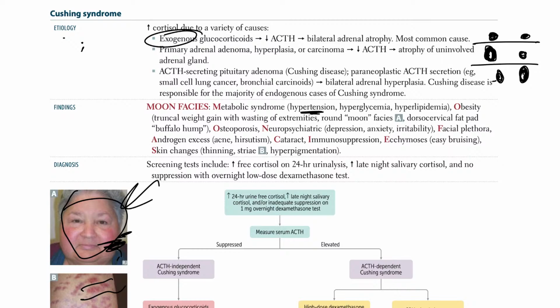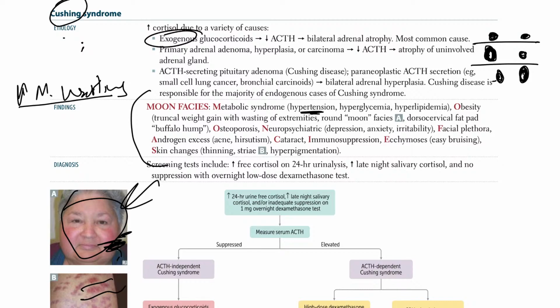Okay, so let's talk a little more on these symptoms. On top of all of this, you will also see an increase in muscle wasting, because this is cortisol. It leads to an increase in proteolysis. When you break down that protein, you are going to cause muscle wasting, right?